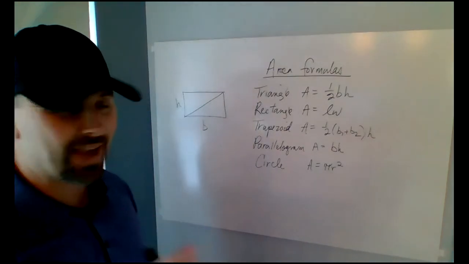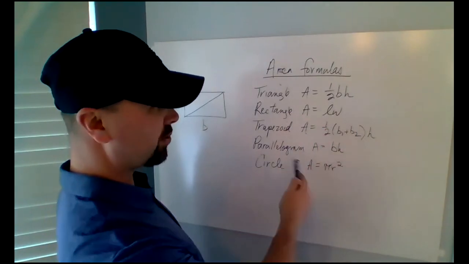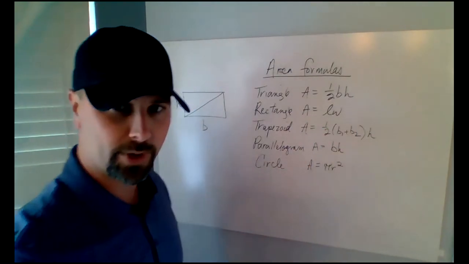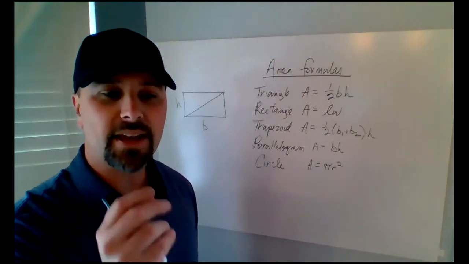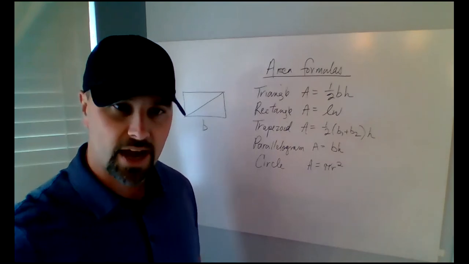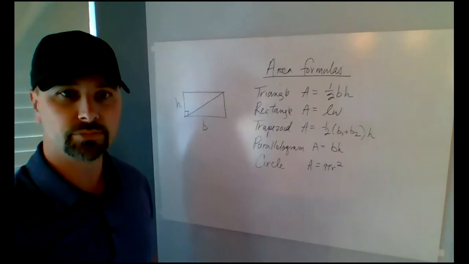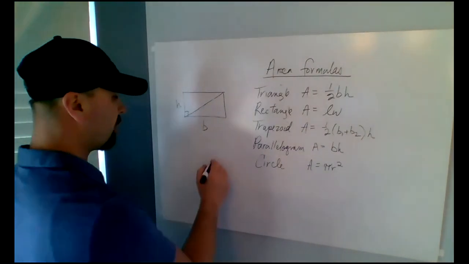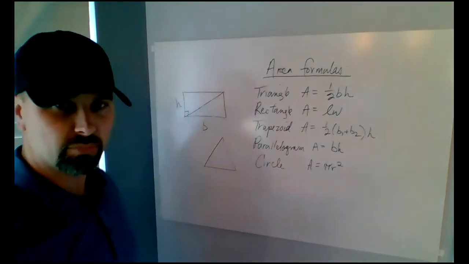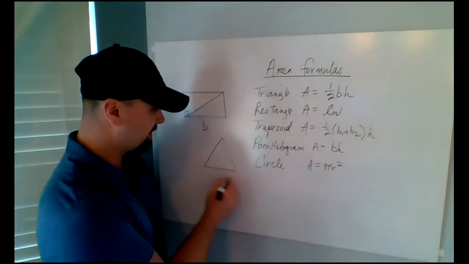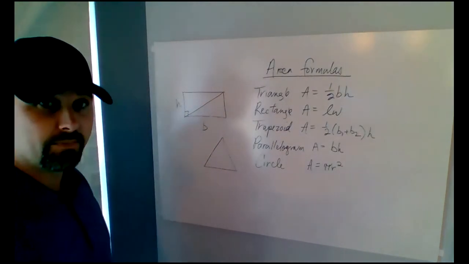One interesting thing about base and height, it doesn't matter if we're talking about the triangle here, the trapezoid formula or the parallelogram formula. Anytime you see base and height, the base and the height must hit each other at a 90-degree angle, okay? So this works in a rectangle because those hit at 90-degree angles. When we're talking about a triangle, if this was the base, then the height isn't shown right there.